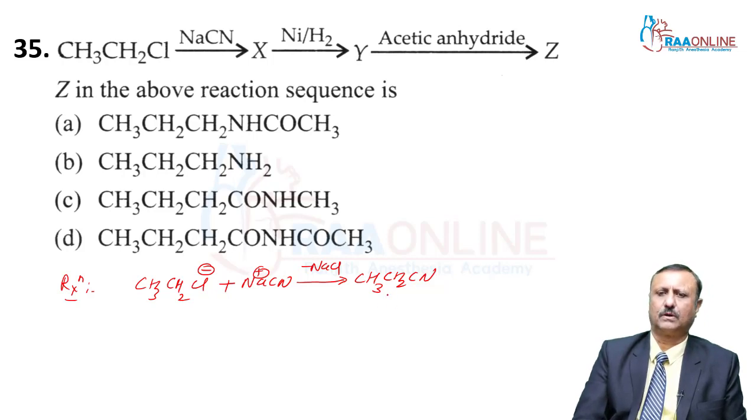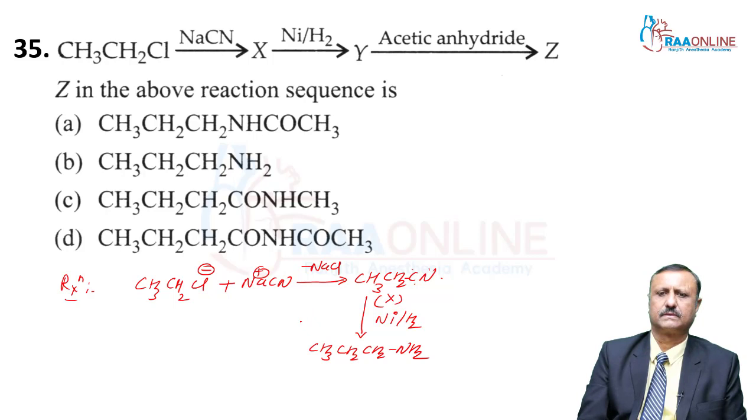This compound is called X compound. My dear students, when this X compound is reduced by nickel and hydrogen, then this CN group is converted to CH2NH2. So, you can get the amine CH3CH2CH2NH2.